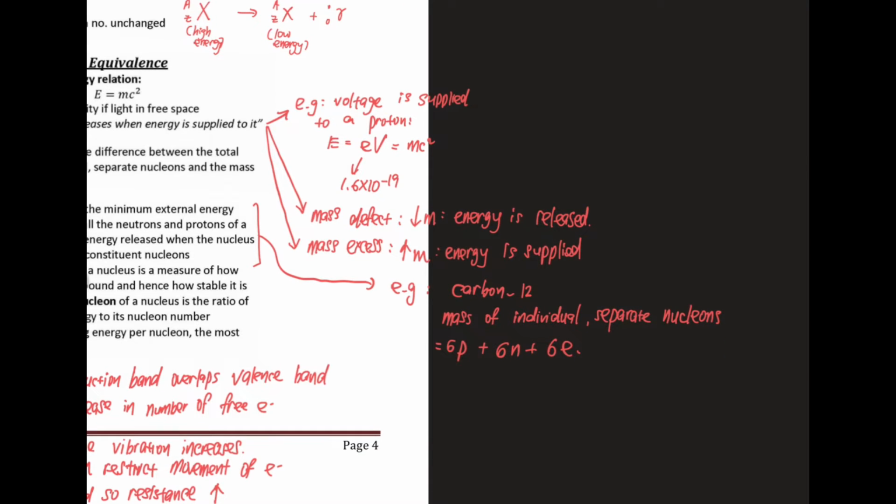Okay, now let's do some calculation here. First we find out their mass. If I add up 6 protons, 6 neutrons, and 6 electrons, I will get 12.098934 atomic unit. After that, we check the mass of the carbon 12 atom. Of course this is going to be 12 u.